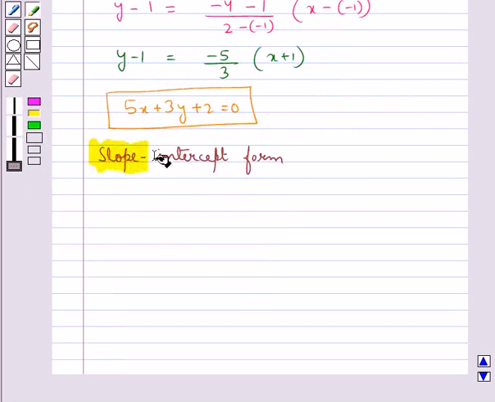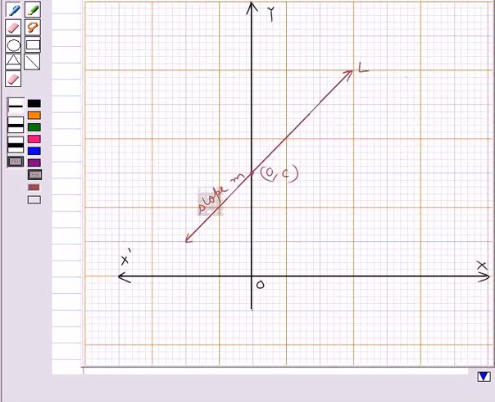Next is slope-intercept form. Suppose that we have a line L with slope m and y-intercept c.